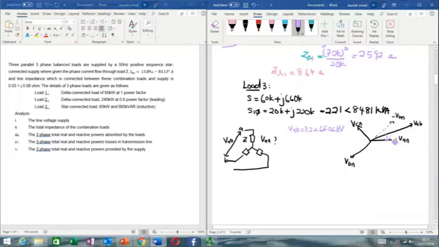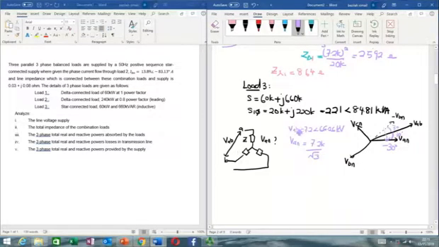Okay, so we have to subtract 30. Since you know that the angle between line and phase should be 30, from here to here is minus 30. So VAN is equal to 7.2k divided by √3.